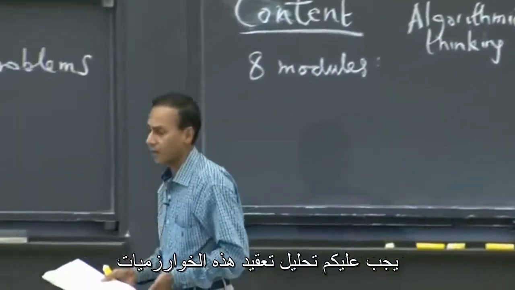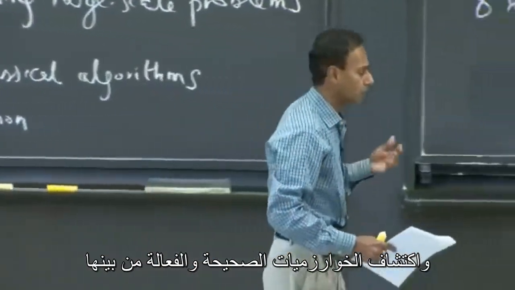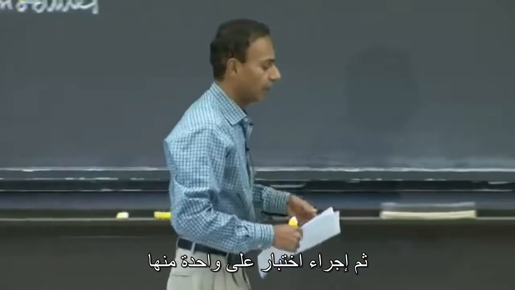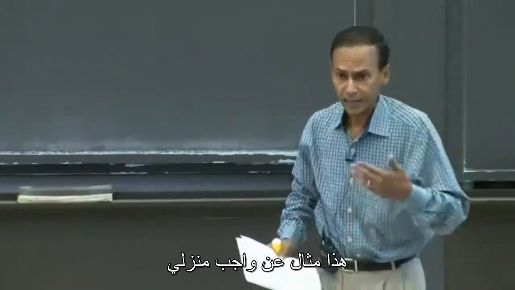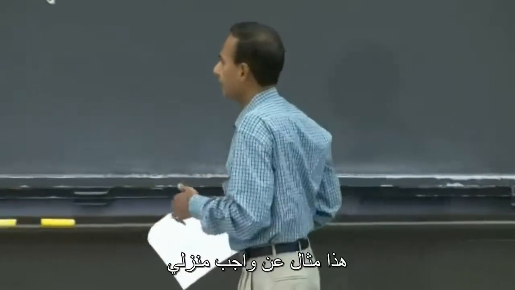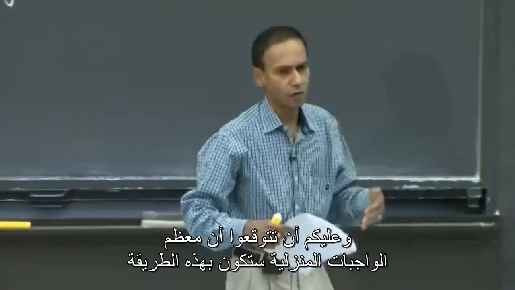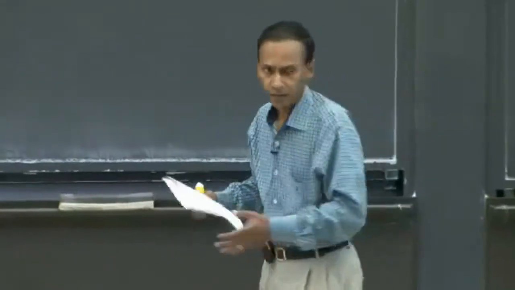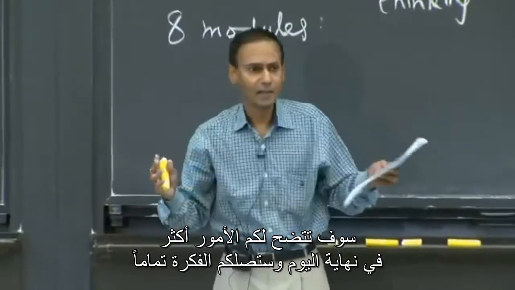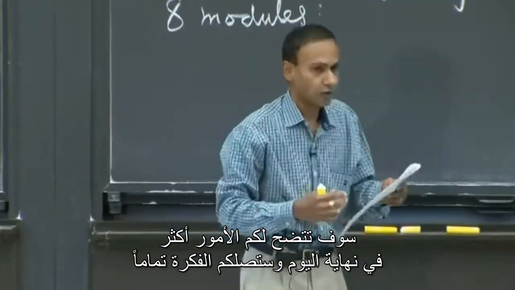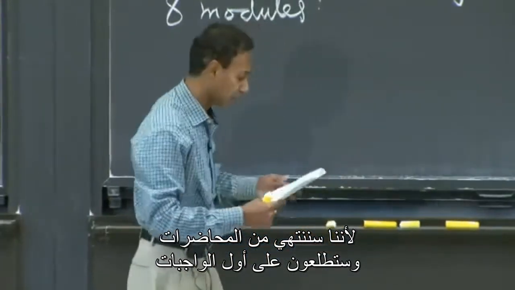You'll have to analyze the complexity of these algorithms, figure out which ones are correct and efficient, and write a proof for one of them. Right? So that's sort of an example problem set, and you can expect that most of the problem sets are going to follow that sort of template. Right? So you'll get a better sense of this by the end of the day today, for sure, or a concrete sense of this, because we'll be done with lecture and you'll see your first problem set.